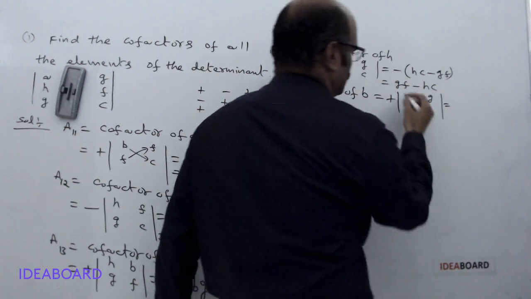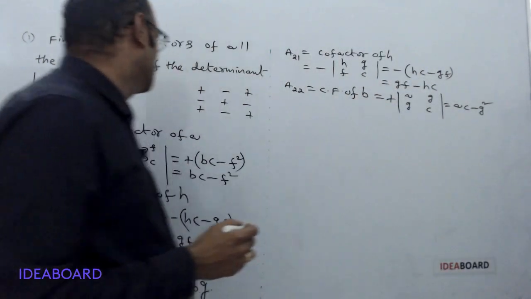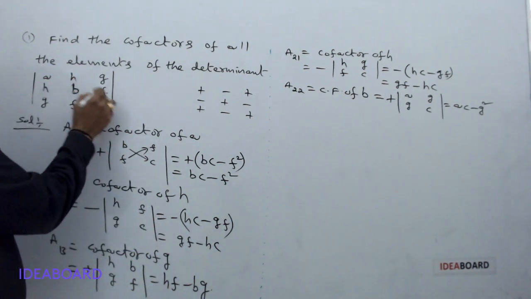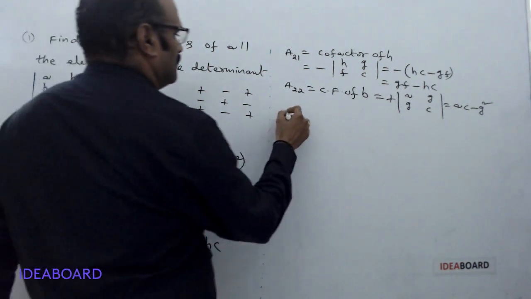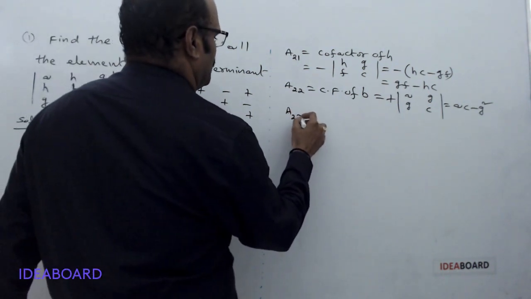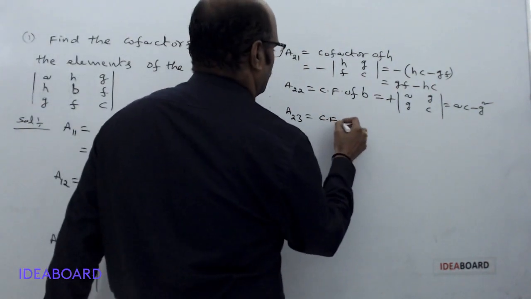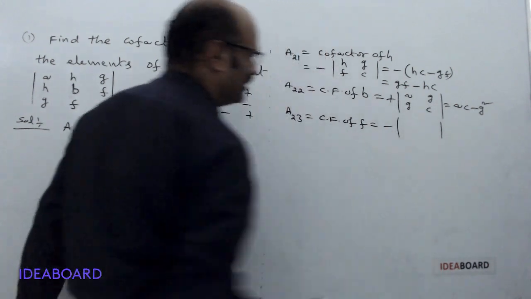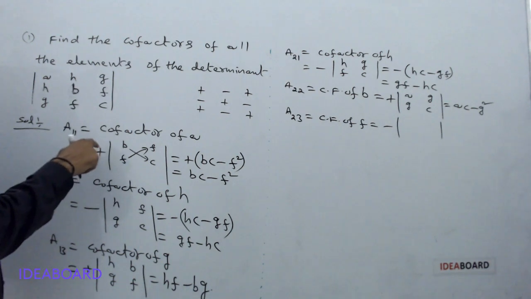AGGC equal to AC minus G square. Now cofactor of F. A23 equal to cofactor of F equal to minus of determinant of, close this and close this.